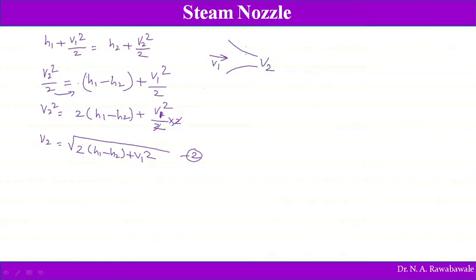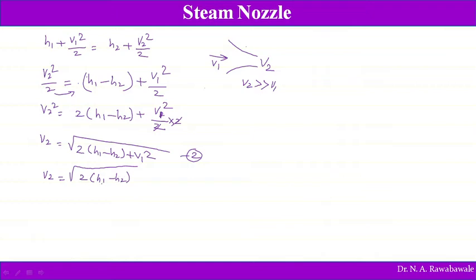Due to the reduction in cross section, velocity V2 is very high, or greater than V1. Therefore V1 can be neglected and this equation can be written as V2 is equal to square root of 2 into H1 minus H2.